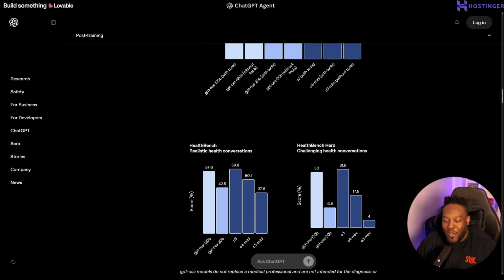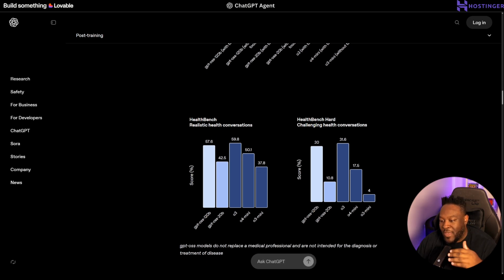However, we got the HealthBench, right? The realistic health conversations. Let's look at the differences here. We have the 57.6 with the 120B. All right. And then of course with the o3, it beats it by just 2, but it beats the o4-mini and the o3-mini like that, ladies and gentlemen.